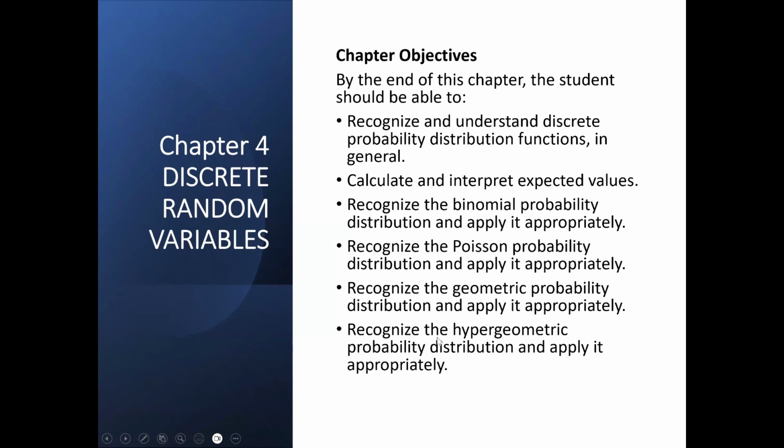And the hypergeometric is not a distribution that's included in the TI 83 or 84 calculator. It can be done in Excel quite easily. It's also very easy to do by formula. So all the problems that you have using the hypergeometric distribution will not require you to find cumulative distributions.